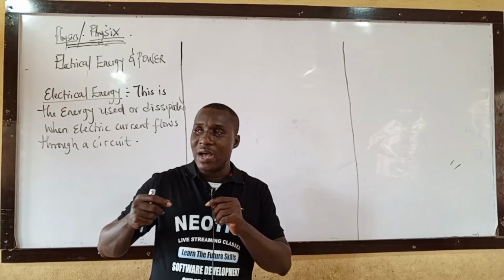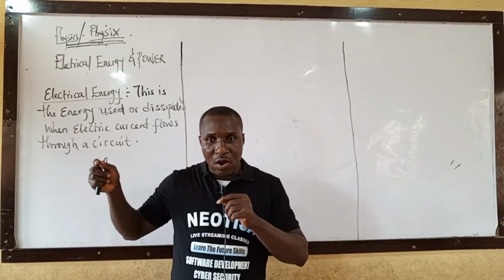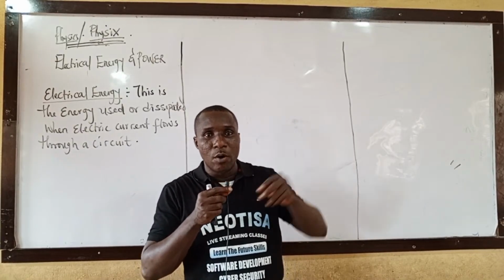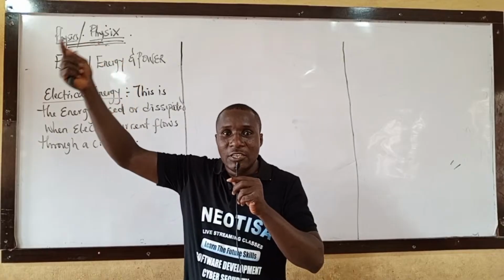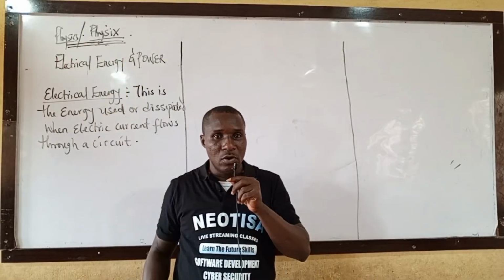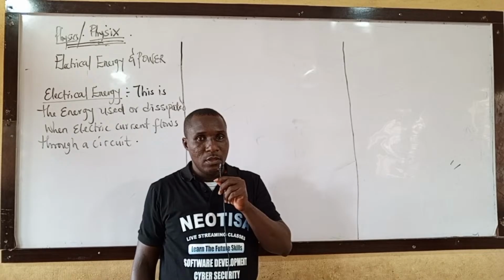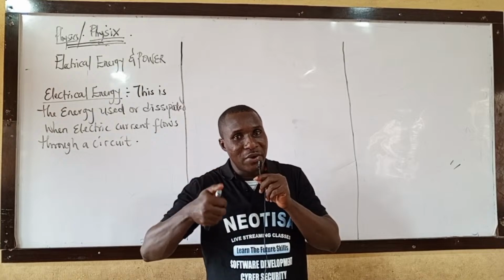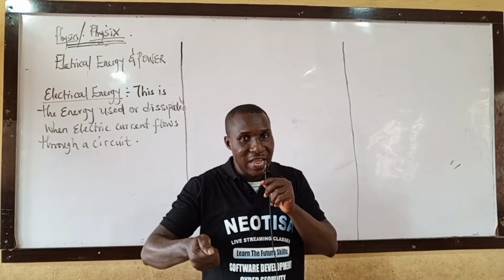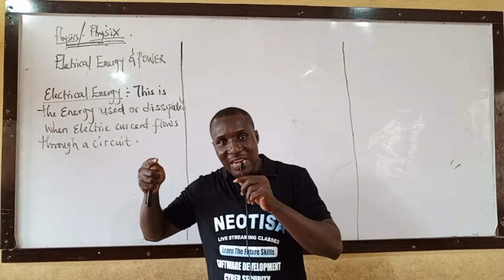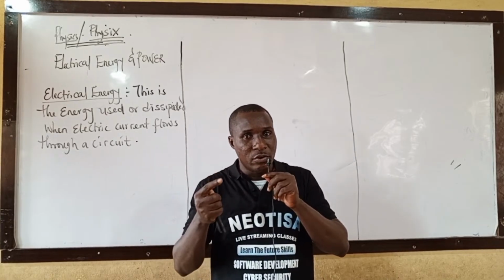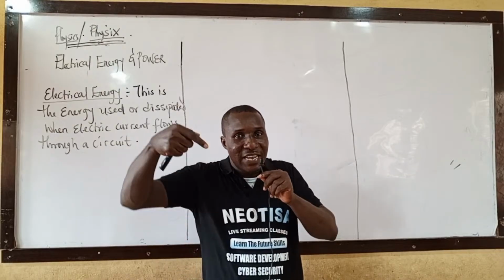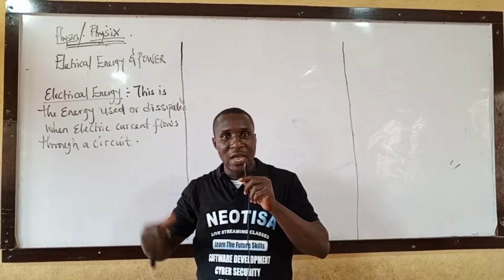When you switch on your bulb, the energy used by that bulb to produce light energy is known as electrical energy. Likewise, the energy used by your pressing iron when current flows through it is electrical energy.